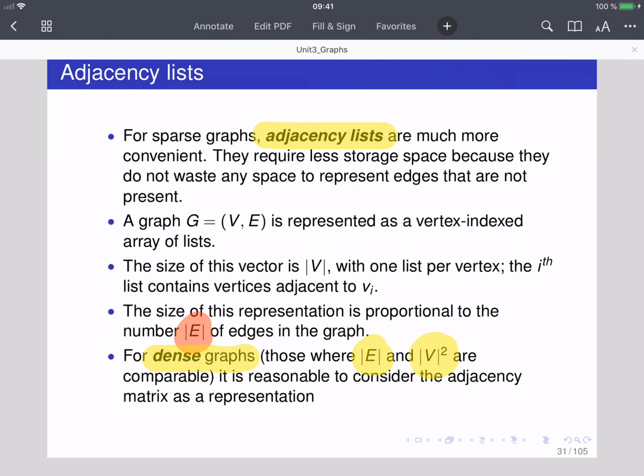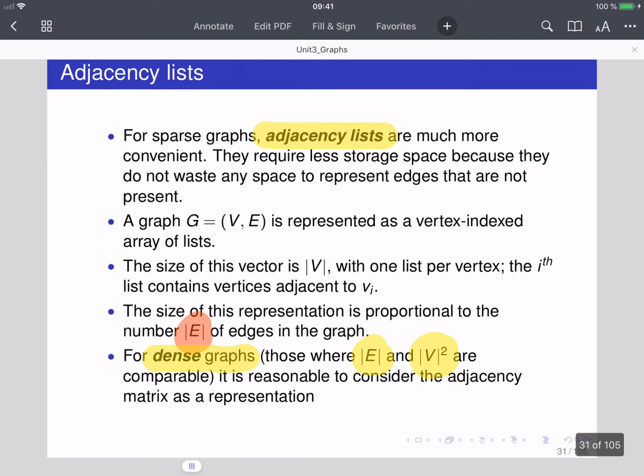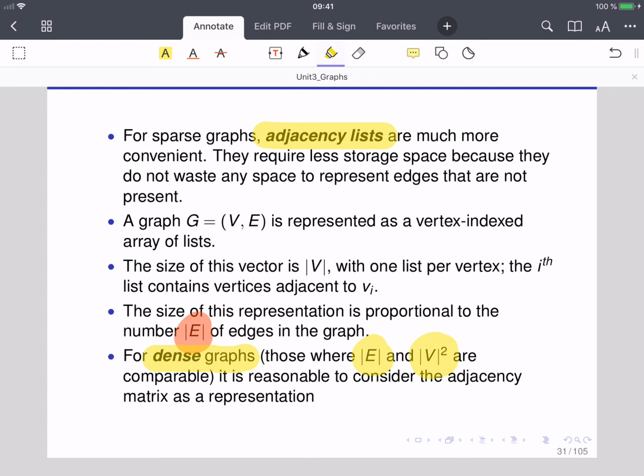Okay, so how do we define and use these lists? Let me give you an example first for a directed graph, and then for a non-directed graph. Okay, so let's go back to our example with 6 vertices, and remember that now what we are going to store is a vector that has in each position a list with the vertices that are adjacent to a given one.